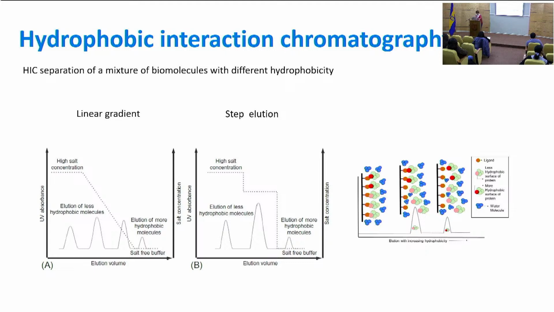Here we can also use MABs, but the chromatography is performed with a high level of organic solvent modifier, and the elution will be performed in this order: the less hydrophobic molecule will be eluted first, and the most hydrophobic molecule will be eluted later.